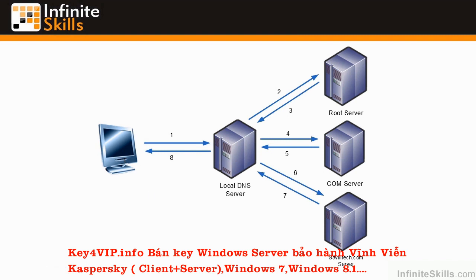Now there's two types of queries going on here. These are iterative queries. So from the DNS server to each of these other servers, iterative query basically means I want you to answer this with just the information you have. So it's either going to be able to give me an answer for part of the name, i.e. a referral, or it's going to say I can't respond to that.